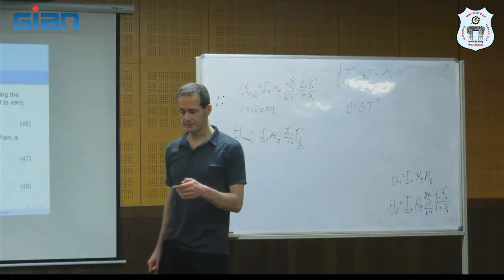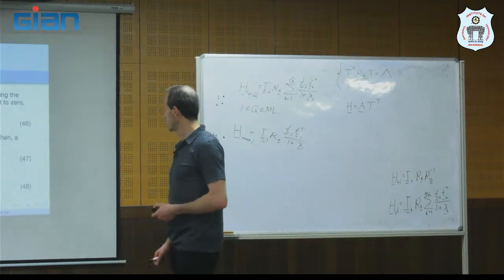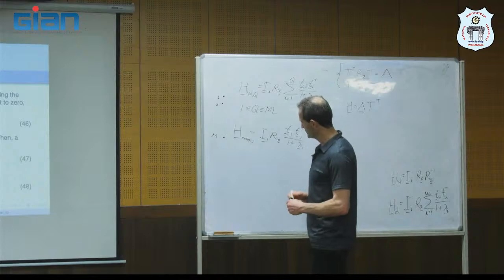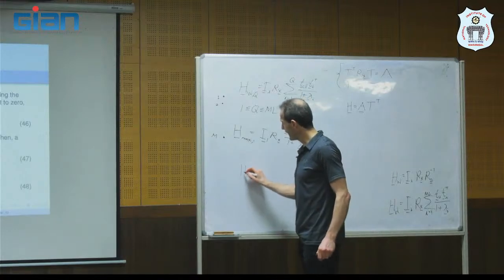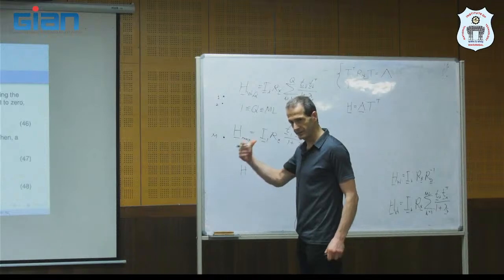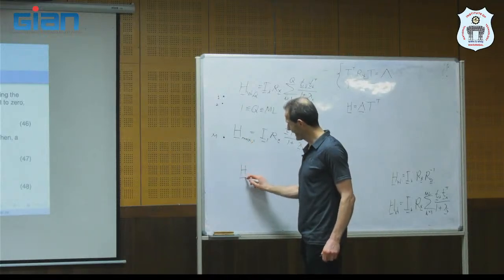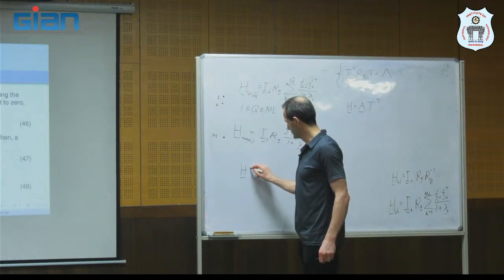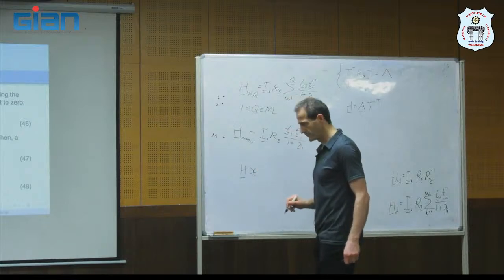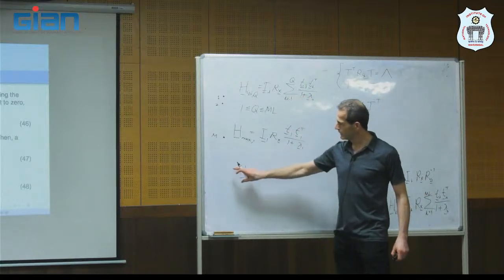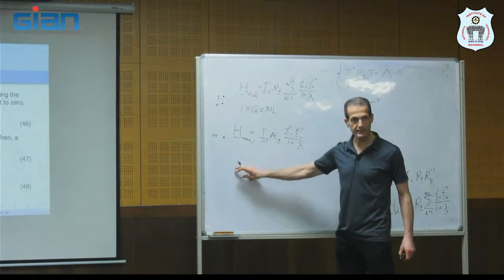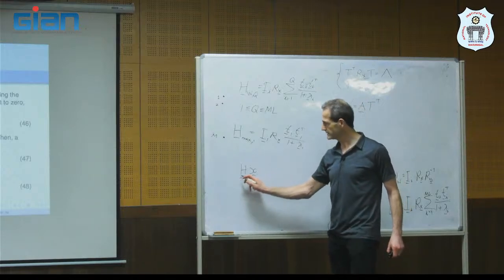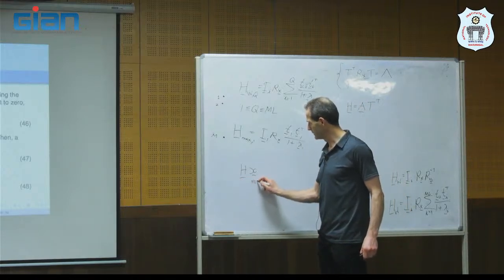We need to find the matrix A such that, when we apply H, which is A, T, T transpose, to X, this is the filter desired signal. This X is a vector of ML by 1.